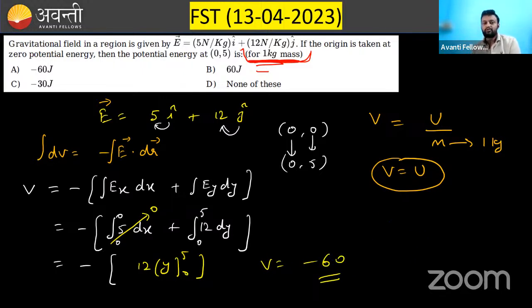Now, V is equals to U, so U is also equals to minus 60. So, which is the correct option? Option number A. Okay. Moving further. Is this point clear? This is a very useful question, a very useful concept that I have told you, both these statements.